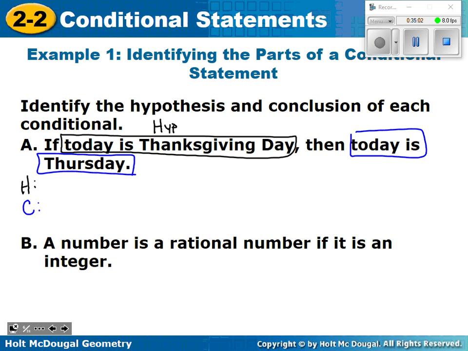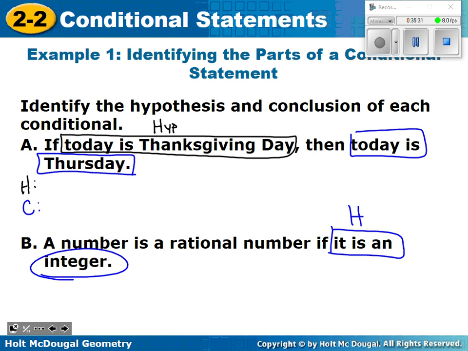hypothesis. So a number is a rational number if it is an integer. What's the hypothesis? Right. It is an integer is your hypothesis because it comes after the word if. There's not a word then, but if we were to rewrite this so that it was in if-then form, we would say if a number is an integer, then it is a rational number, right?